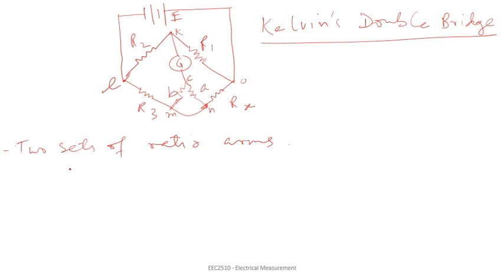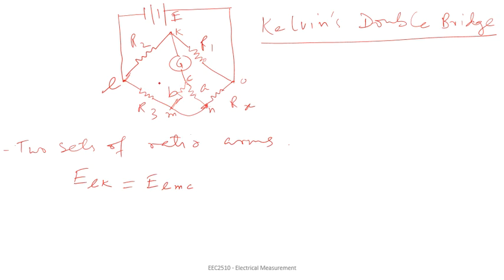When the potentials at point K and C are equal, the voltage between these two points, E_LK, this is L and this is K, will be equal to E_LMC, this voltage.